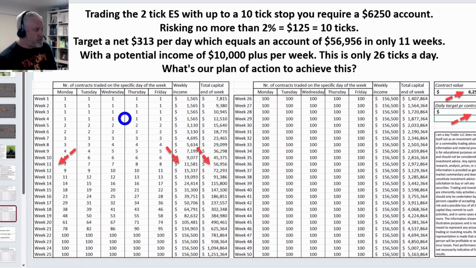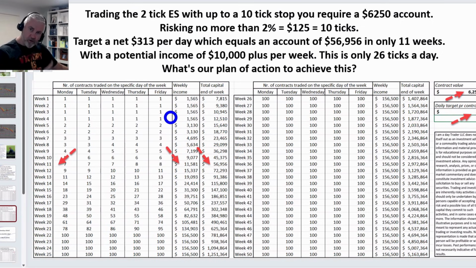And by the way, you can download this compound table somewhere down below. You'll go down below the video and you can click on it and download this, and I've got a little training video that goes with it, because we're using the market's money. Unlike a lot of ridiculous things you see on the internet and on Google about these massive compound tables, you only start trading your second contract when you double your money.